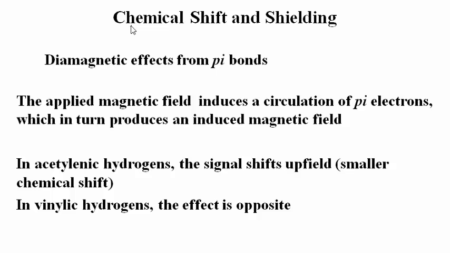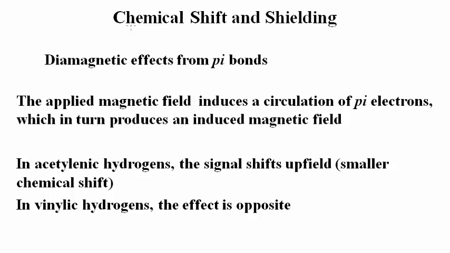The difference here, for example, between acetylenic hydrogens and vinylic hydrogens, which corresponds to the pi electrons in a triple versus a double bond, respectively, is based on the geometry. Given the geometry of an alkyne triple bond, remember, and the cylindrical nature of its pi electron cloud, the induced magnetic field is shielding in the vicinity of the acetylenic hydrogen. Therefore, lower frequency electromagnetic radiation is required to make an acetylenic hydrogen nucleus resonate.